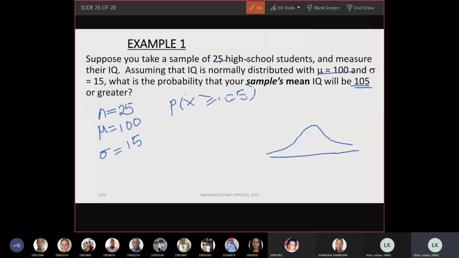Okay, so the only way we can get an accurate reading of this is if we use our table.